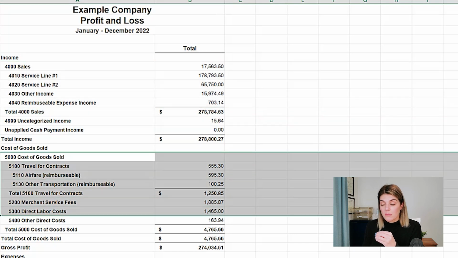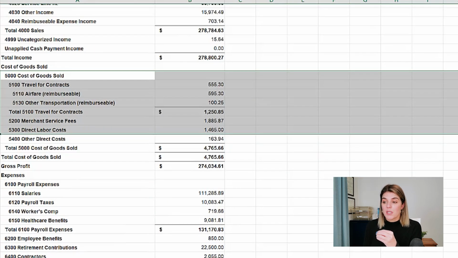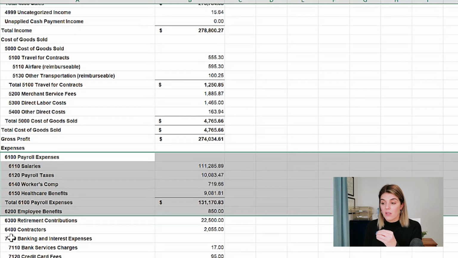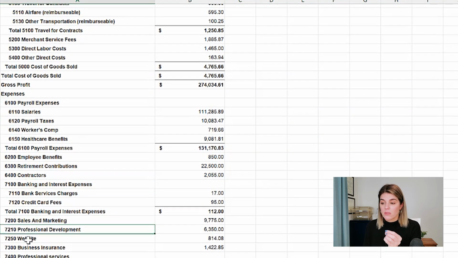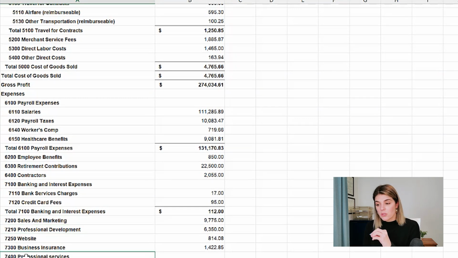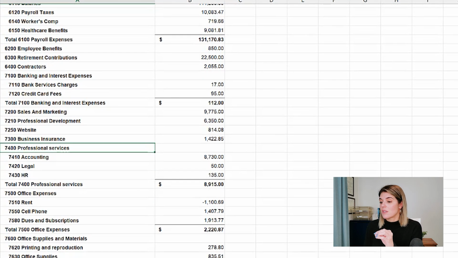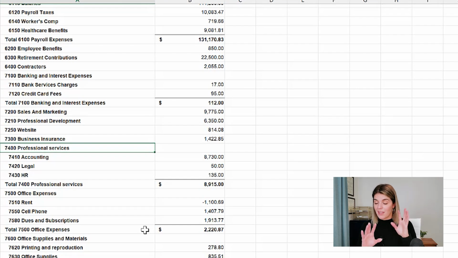They've spent money on cost of goods sold and they've spent on payroll expenses. This is all the operating stuff: payroll expenses, banking charges, sales and marketing, professional development, website, professional services, office expenses, software, travel, meals, all these things. That is earned and spent. And the leftover, the remainder, is profit.